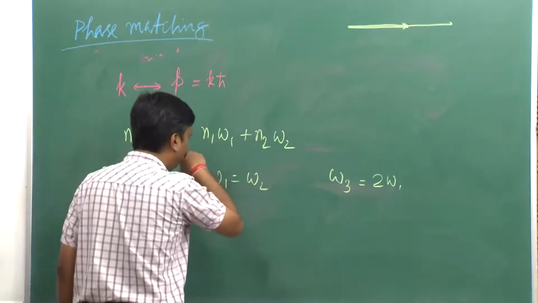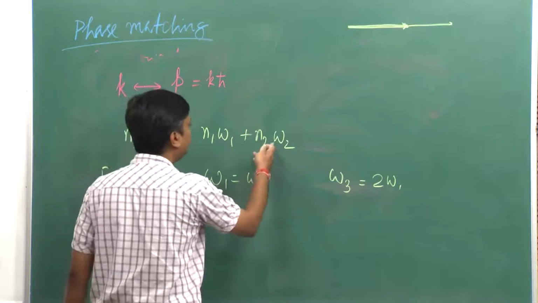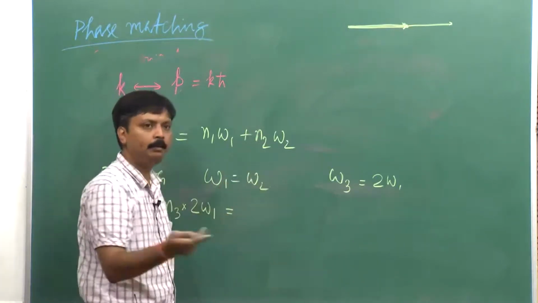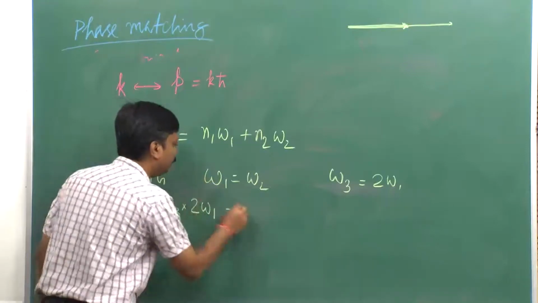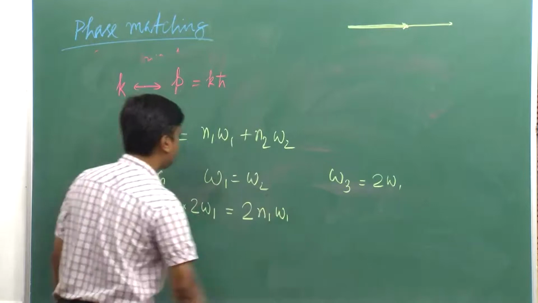So, n2 here will also be n1 because I am considering the same frequency. For the same frequency it will face the same refractive index. So, essentially it will be 2 n1 omega 1.